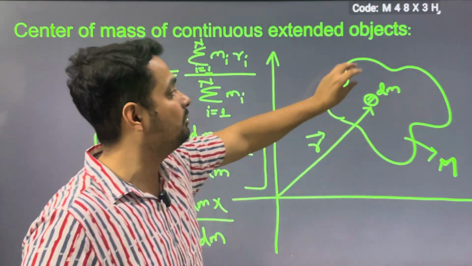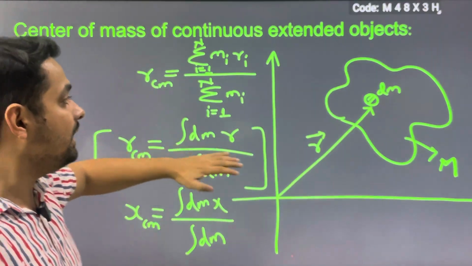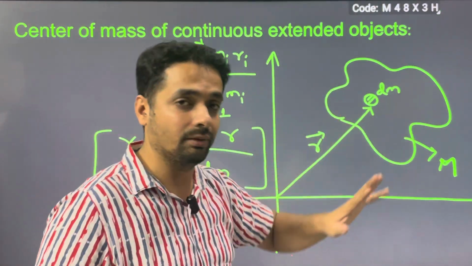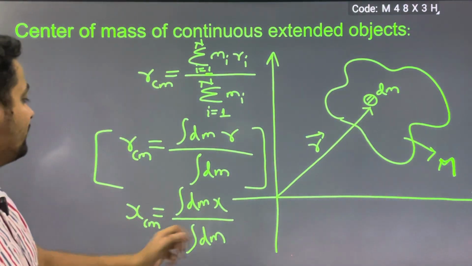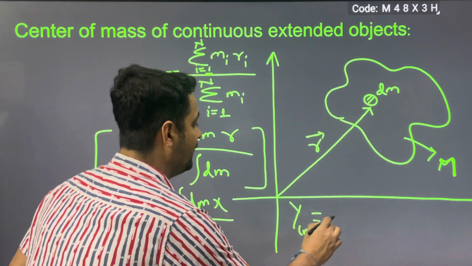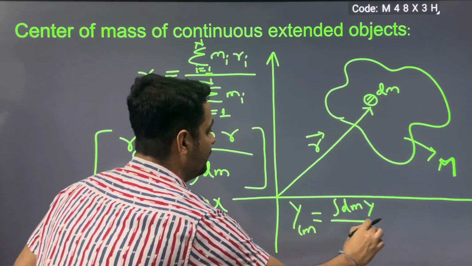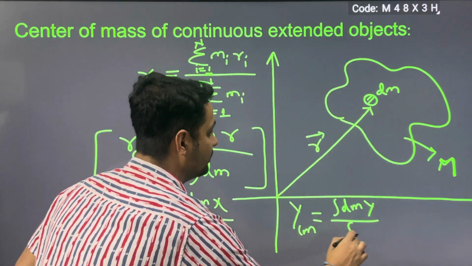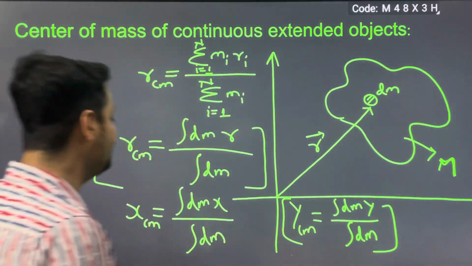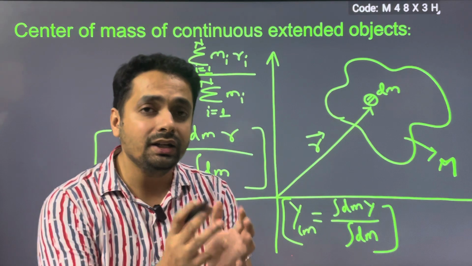Like that so many small parts are there, their mass moments are integrated and divided by total mass. That means if I integrate dm, that gives the total mass. So I have written x center of mass. In the same way, if I want y center of mass, I write the integration of dm y divided by the integration of dm, that is the total mass. In this way we can find x center of mass and y center of mass of any continuous body.